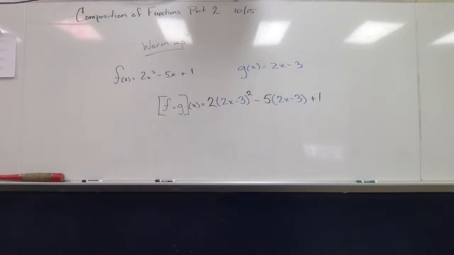Minus 5 times the quantity 2X minus 3 plus 1. And now multiply everything inside by 2 and multiply everything inside by 5 and write it all out there.